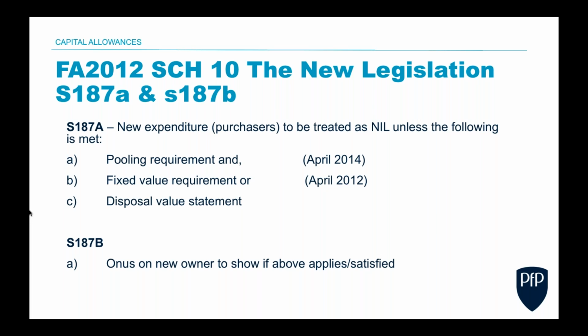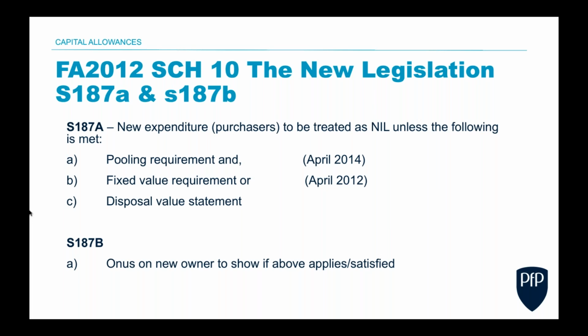So if you've got someone selling a building who doesn't know about capital allowances, unlike in the past, you could have done some homework, checked for their history, and potentially made a claim as a percentage of your purchase price, you can't do that anymore. You need the vendor to pool the value and then transfer it to you in reference to what they spent, not what you're spending. It is worth mentioning this has a bearing on items that the vendor is legally entitled to claim, and we'll come back to that in a moment.